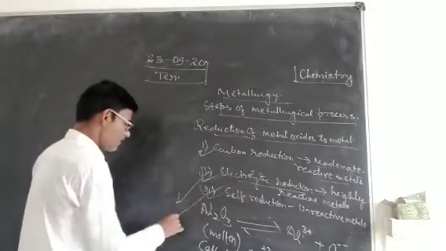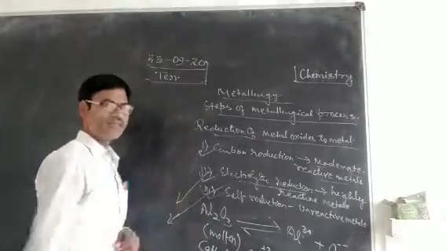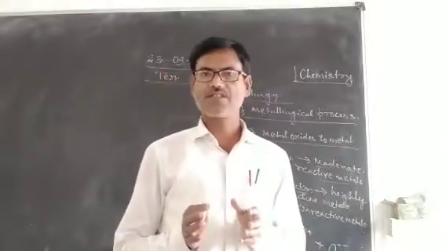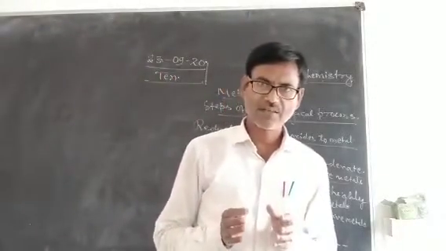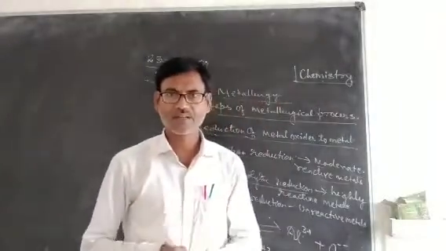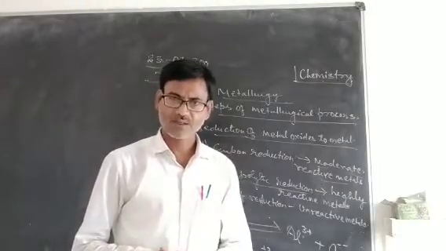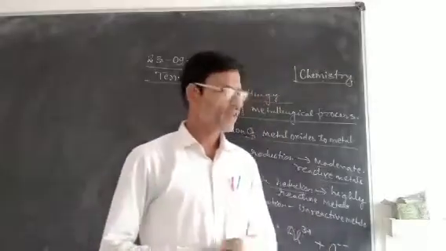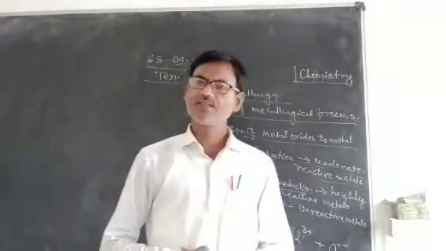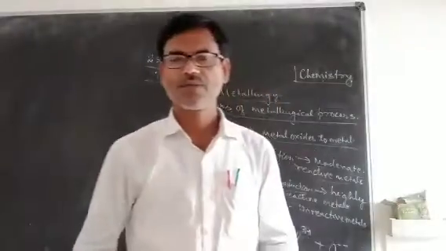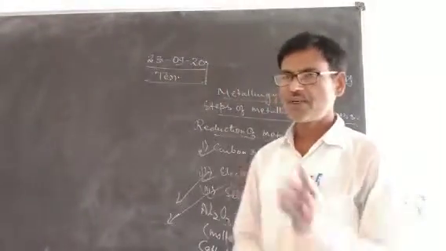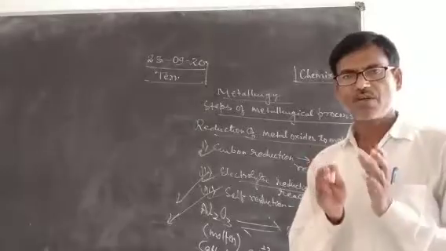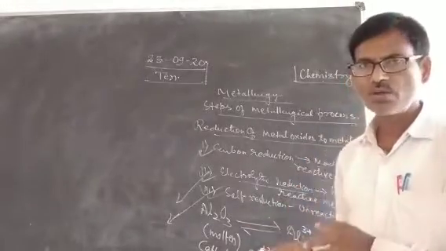And the last method is self-reduction. It is adopted in case of unreactive, least reactive metals like copper, mercury, silver, etc. For example, mercury is obtained from cinnabar. Here the method of self-reduction is adopted for the conversion of mercuric oxide into mercury.